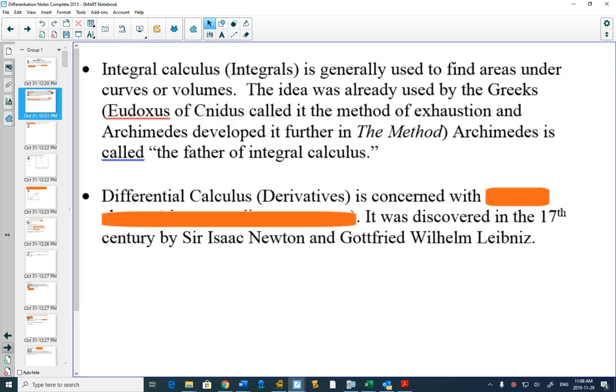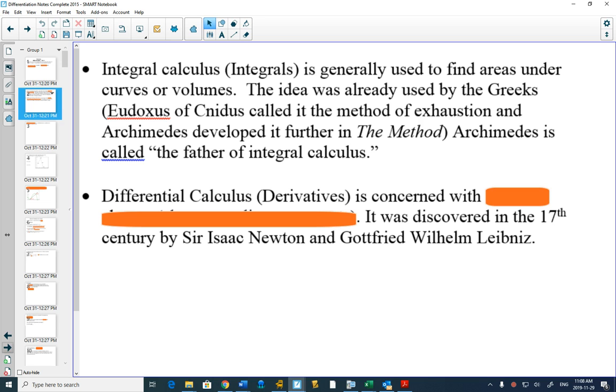Integral calculus, which was sort of discovered first or talked about first, is looking at areas under curves, and we can trace it all the way back to Archimedes, and that's about 250 BC for that idea.